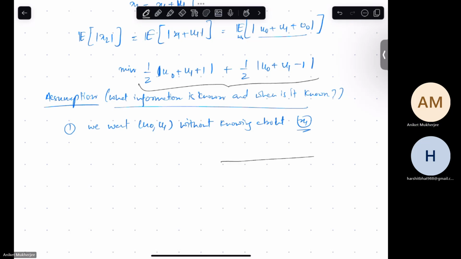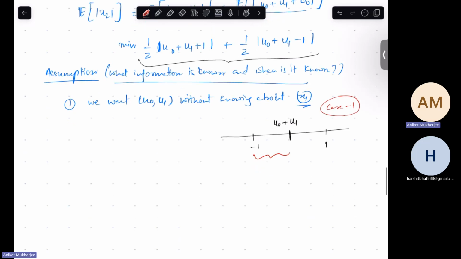Looking at -1 and 1, you have u0 plus u1, and u0 plus u1 could be anywhere. It could be in between -1 and 1. It could be greater than -1. It could be less than -1. It could be greater than 1. I'm just taking one case, case 1, where u0 plus u1 is in between -1 and 1. So this is u0 plus u1 plus 1, and this is u0 plus u1 minus 1.